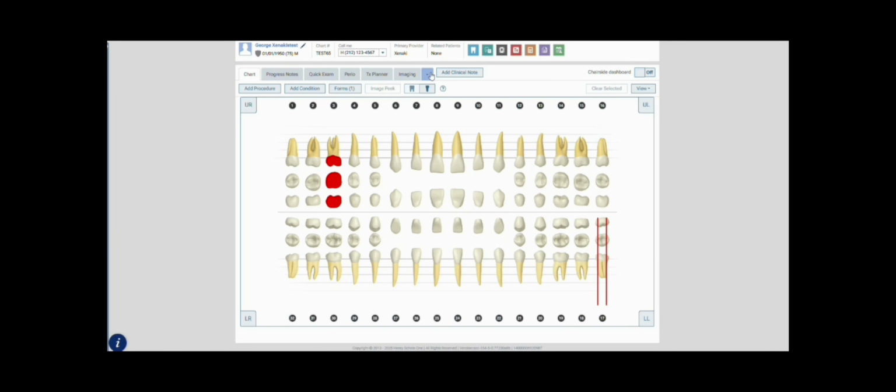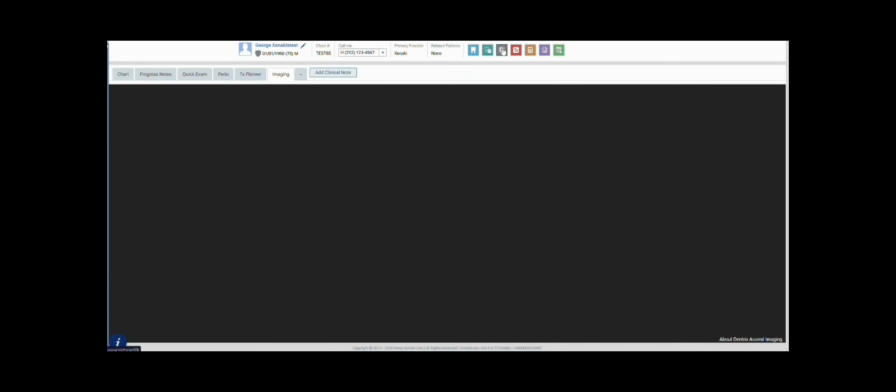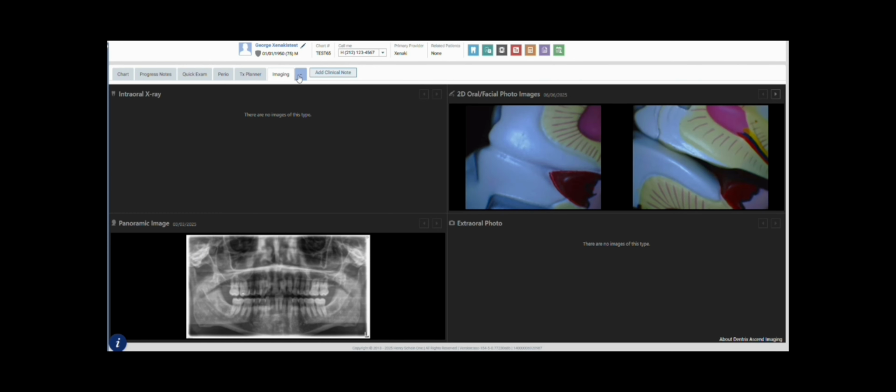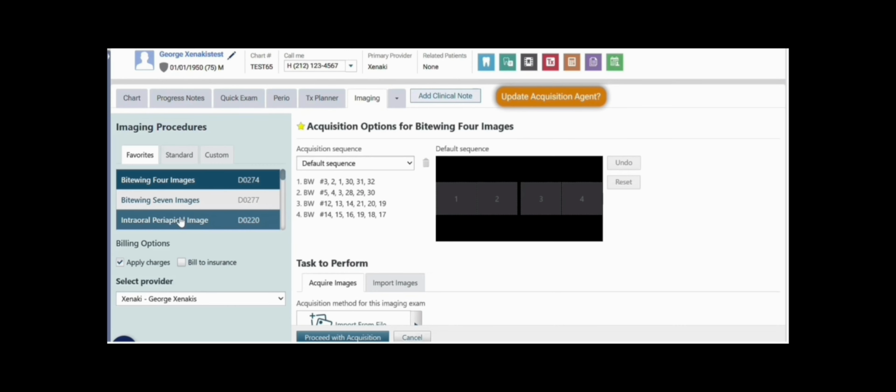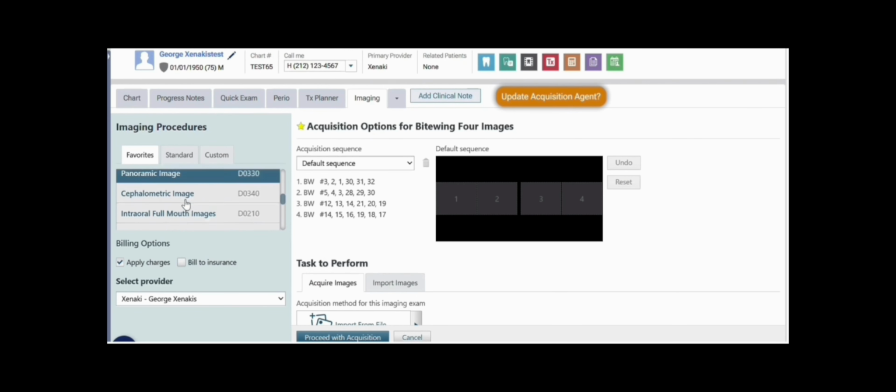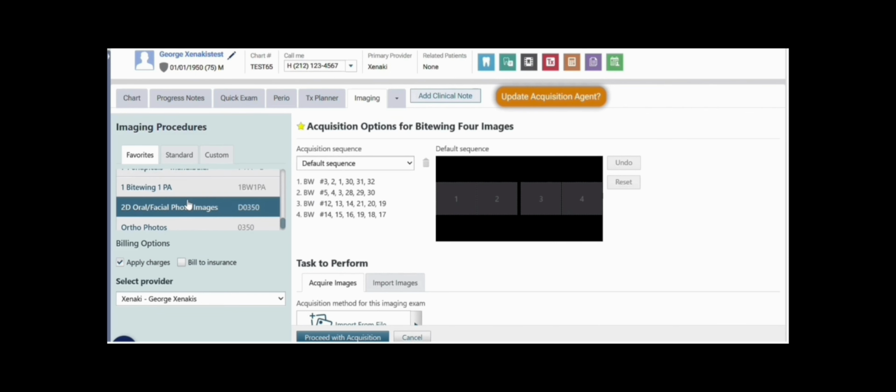This is how we take images in Ascend. We select the imaging icon. We go to the imaging tab, acquire images. Then we select the device that we're looking for, which in this case is 2D facial oral images.